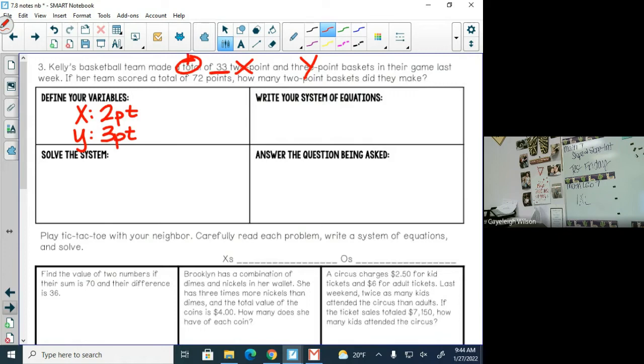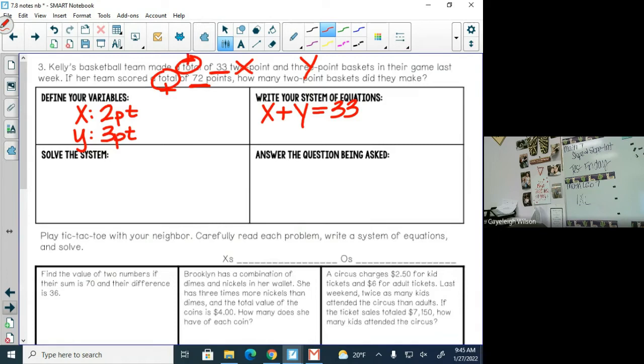If her team scored a total of 72 points, how many 2-point baskets did they make? Now, the first equation's up there for us. The second one is not. So the first one says a total of 33 baskets. Some were 2 points, some were 3 points, but they made 33 baskets.